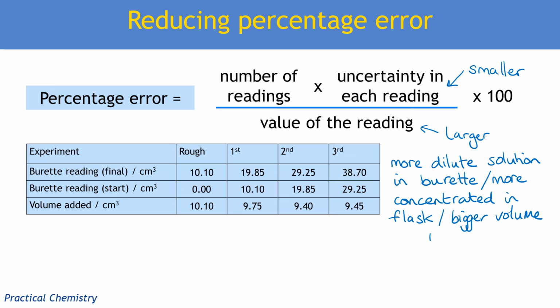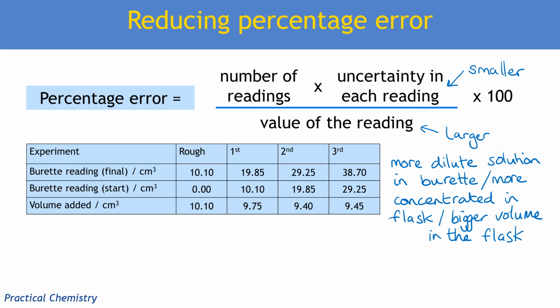So if, for example, I was only putting in 10 centimeters cubed in a flask, could I put 25 centimeters cubed in? The bigger volume would require more moles of the thing in the burette, that would reduce the percentage error. It's not necessarily going to make my experiment better. If I've only made 100 centimeters cubed of solution, I don't want to waste 25 of it in one titration because I might not have time for repeats or enough for repeats. But that's one thing to consider if you're getting those weird head-scratcher questions about suggestions on reducing percentage error without changing the equipment.